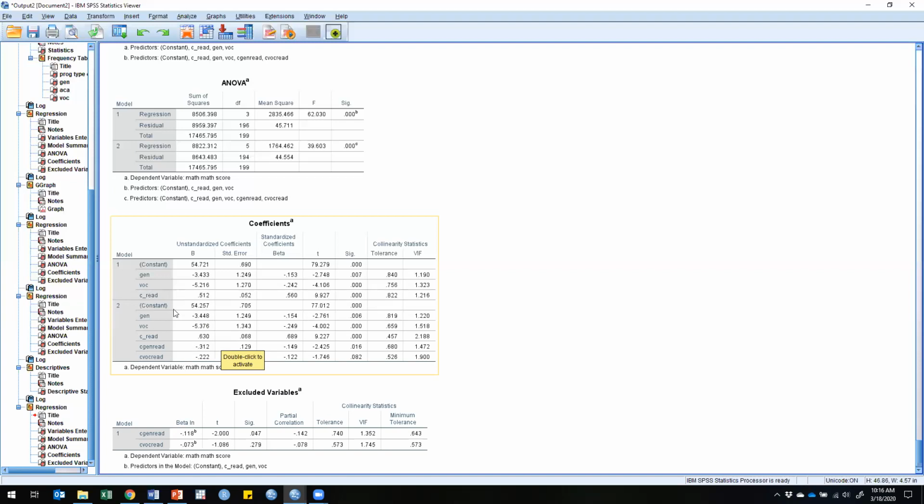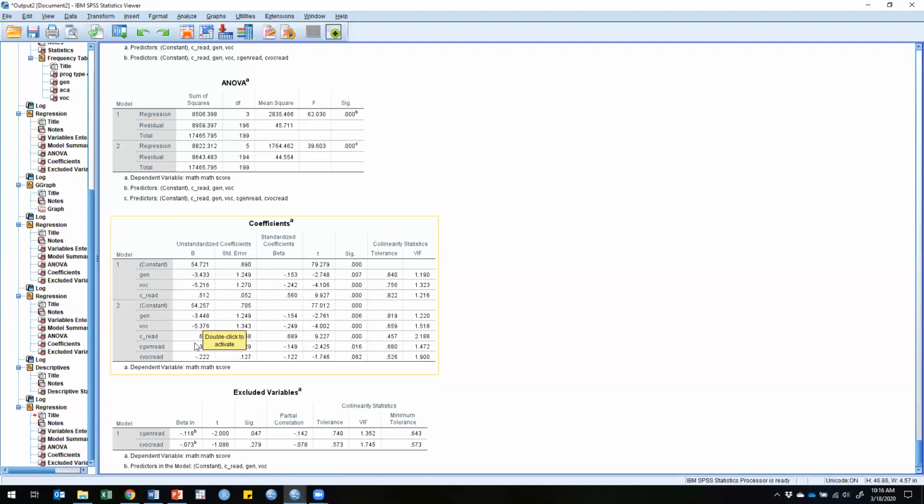This effect then is the difference between those who are on the general track and those who are on the academic track for someone who has average reading ability. So for someone whose reading ability is at the mean, they tend to have math scores that are about 3.5 units higher than those who are on the general track.